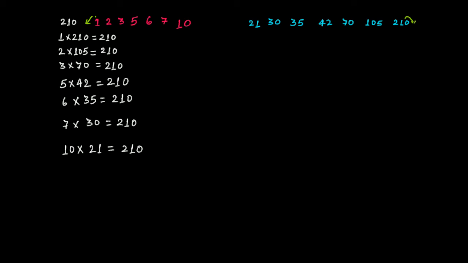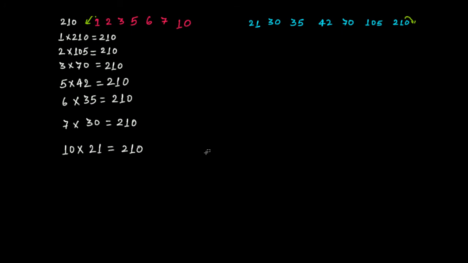What about 13? If you divide 210 by 13, 13 times 16 is 208, and 2 is the remainder. It's not divisible, so even this is not an option.